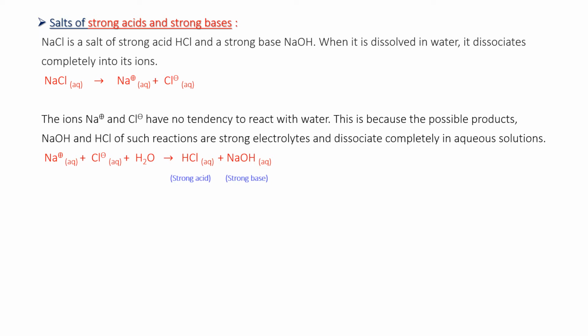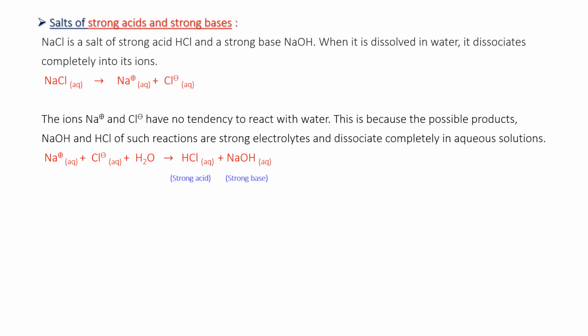This is because the possible products, NaOH and HCl, of such a reaction are strong electrolytes and dissociate completely in aqueous solution. As soon as HCl and NaOH form in the reaction, they once again dissociate into Na plus and Cl minus ions.